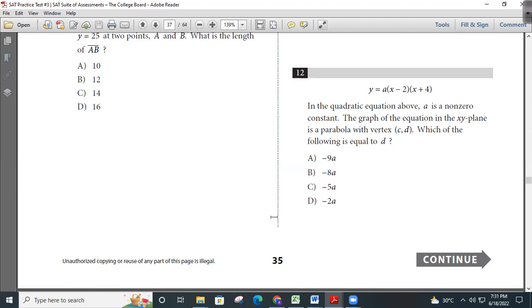Twelfth question. Please read the question, then type your answer in the chat box. This is a very good question.